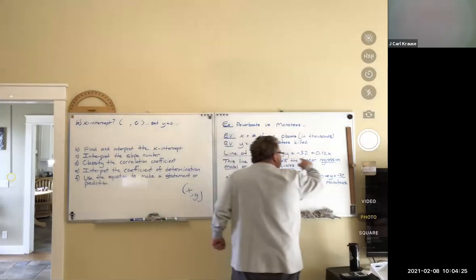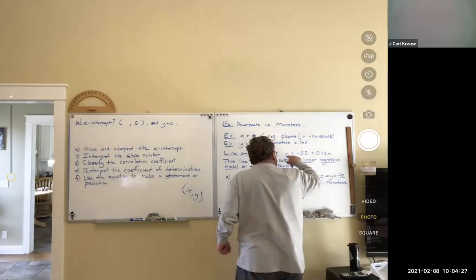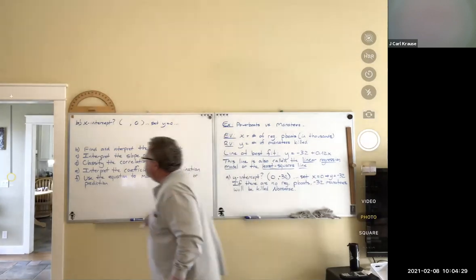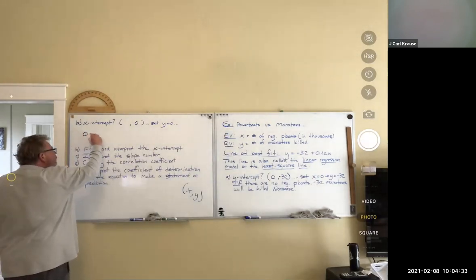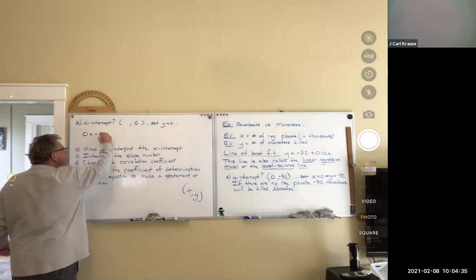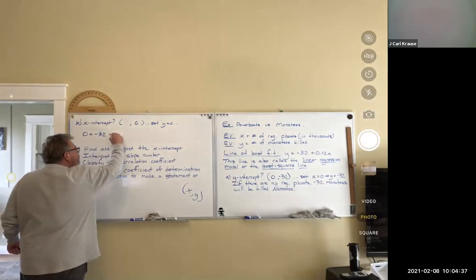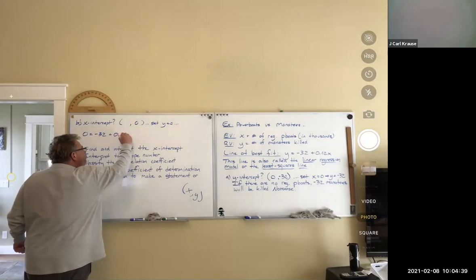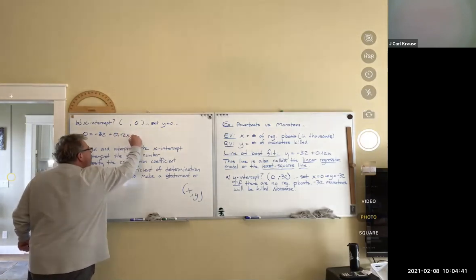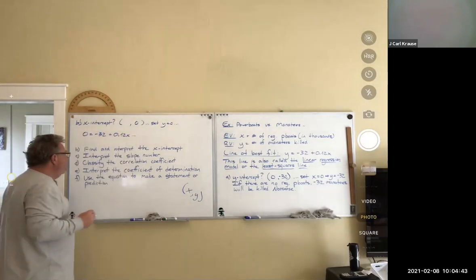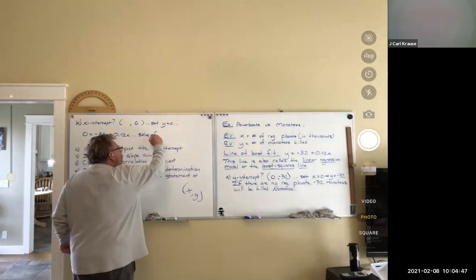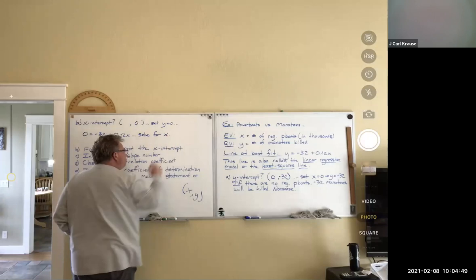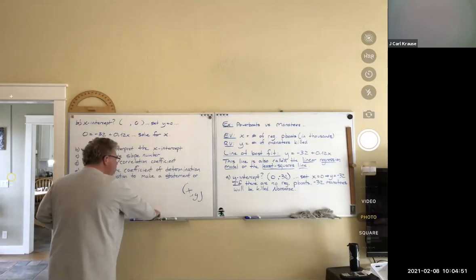I'm going to come back to this equation and replace that y with a 0. So I end up with 0 is equal to negative 32 plus 0.12x. And then I'm going to use some basic algebra to solve for x.